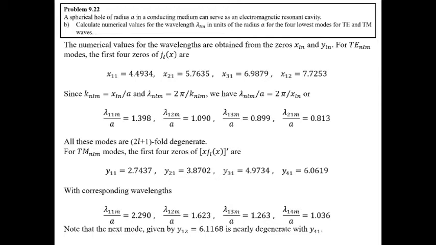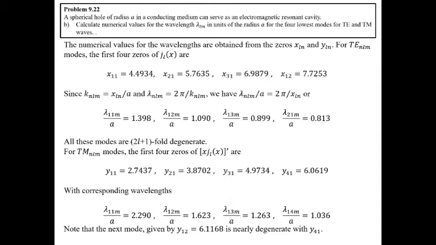The numerical values for the wavelengths are obtained from the zeros x_ln and y_ln. For TE modes, the first 4 zeros of j_l of x are x_11, x_21, x_31, and x_12. Since k_nl equals x_ln over a and lambda_nl equals 2 pi over k_nl, we have lambda_ln over a equals 2 pi over x_ln, or below.